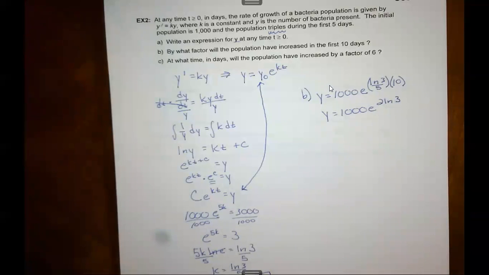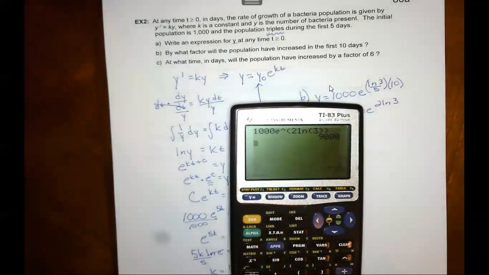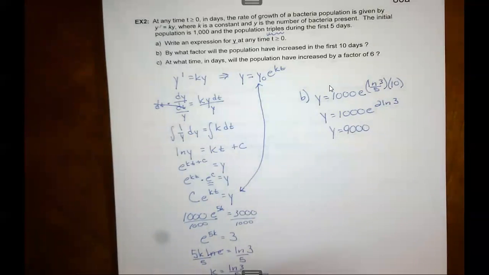Okay, so we're going to type that in the calculator. We have 1,000 e raised to the 2 ln of 3 power. We get 9,000. So y equals 9,000.